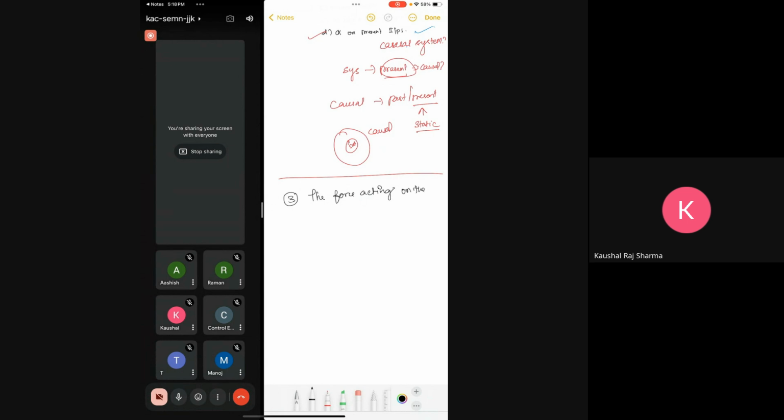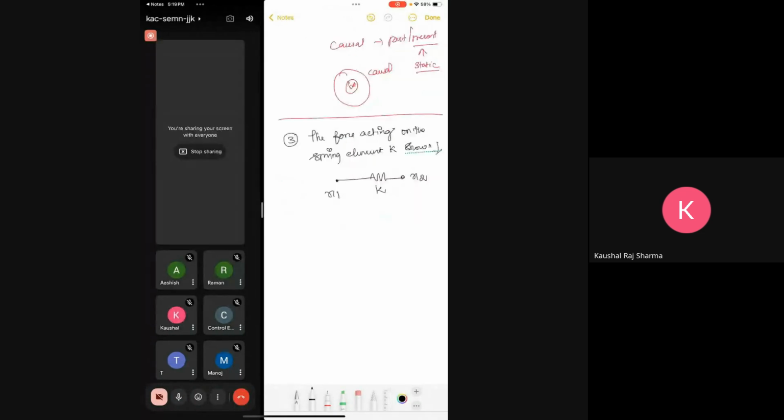The spring element, F equals K x, where K is the spring constant, moving from one point to another. Any you can imagine. In terms of the physical thing, it is okay. How do you represent this?